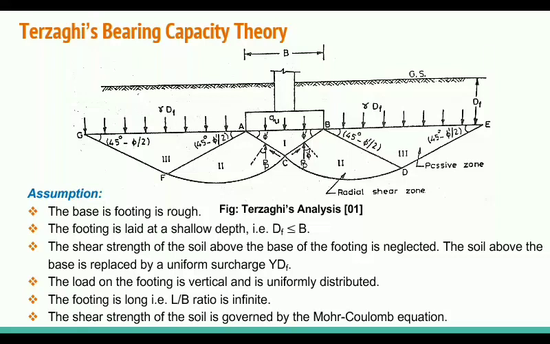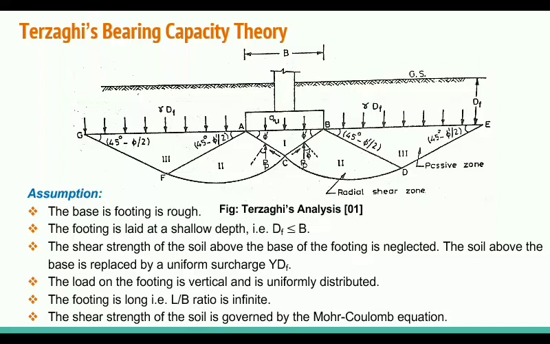The curves CD and CF are arcs of a logarithmic spiral. The two triangular zones BDE and AFG are the Rankine passive zone, that is zone 3.